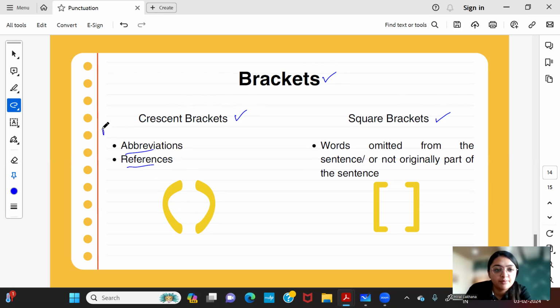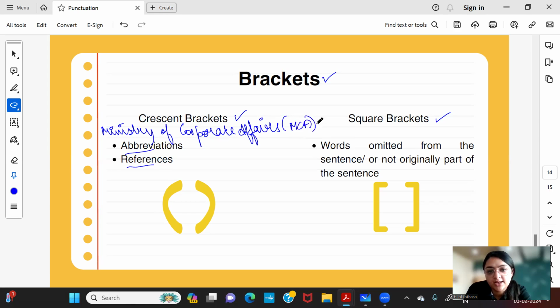Say, for example, if we are saying the Ministry of Corporate Affairs introduced a circular or introduced a new rule. Ministry of Corporate Affairs is the entire word. Now if we want to write the abbreviation here, we can write MCA within crescent brackets. This indicates that MCA is the abbreviation of Ministry of Corporate Affairs.